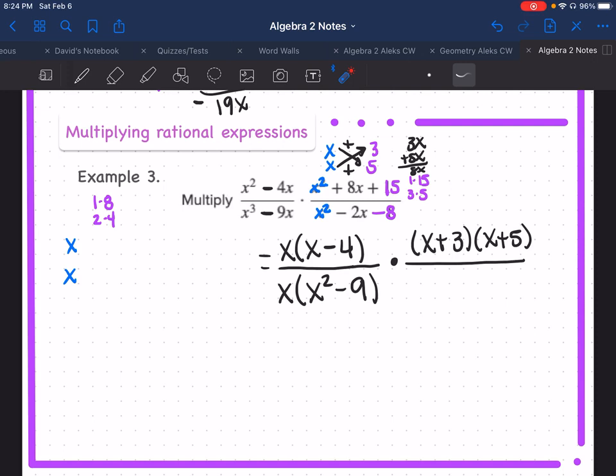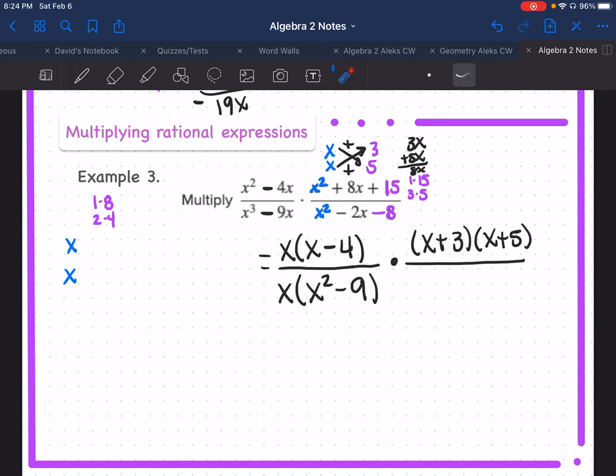Well, 1 and 8 can give you 9 or 7, right? 1 plus 8 equals 9. Or I could do 1 minus 8 and I would get negative 7. But I would get a 7, right? 2 plus 4 would give me 6. 4 minus 2 would give me 2.